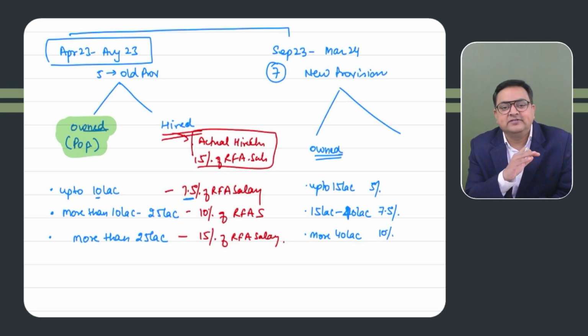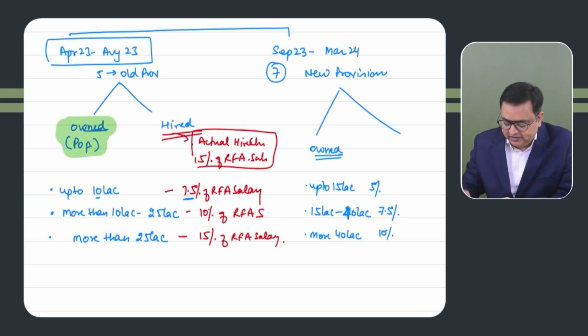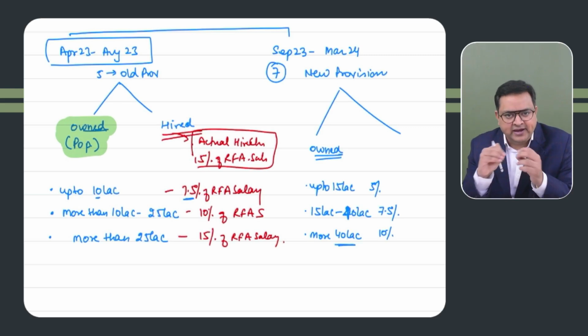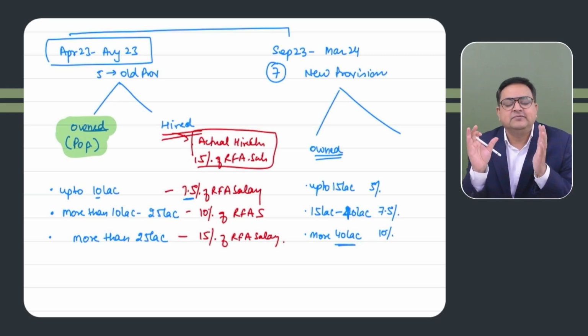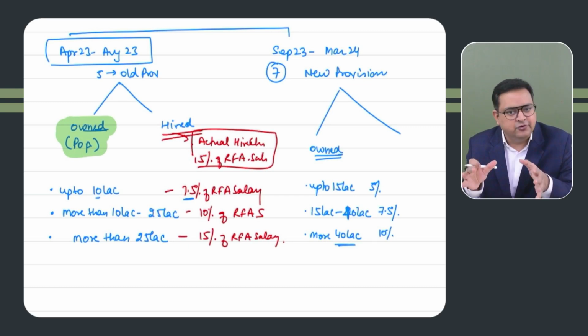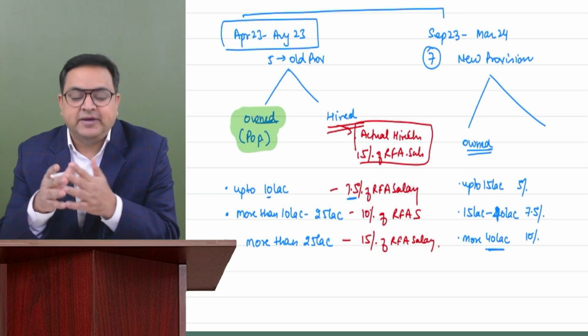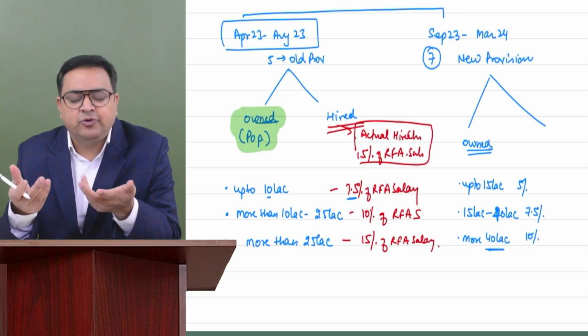In case the question is silent about the population, then you can assume. Generally, I would suggest that please assume that the population of the city is more than 40 lakh. Just write one line over there. If the population is missing in your question, generally 99% the population will be given to you. In case 1%, it is missing in the question, then because it is owned by the employer, you need population.